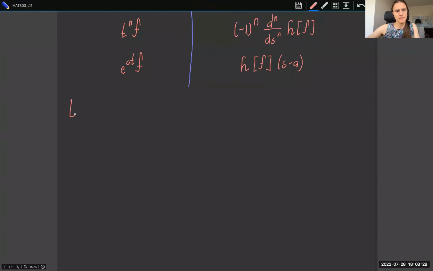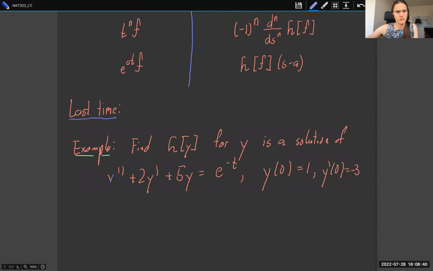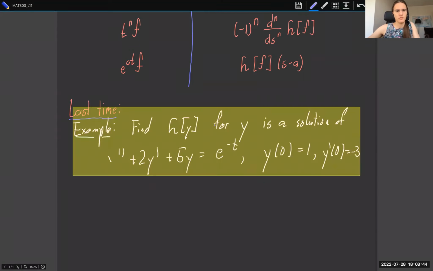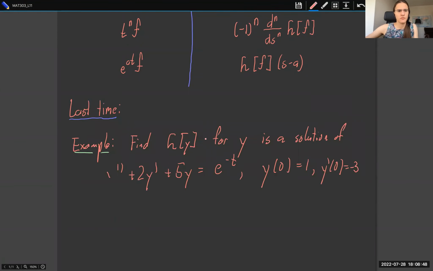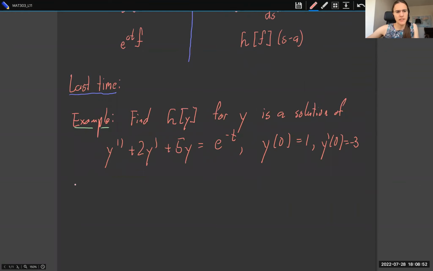So last time, and the solution was, just to copy what we had last time, that L of y was s squared over s plus 1 times s squared plus 2s plus 5.